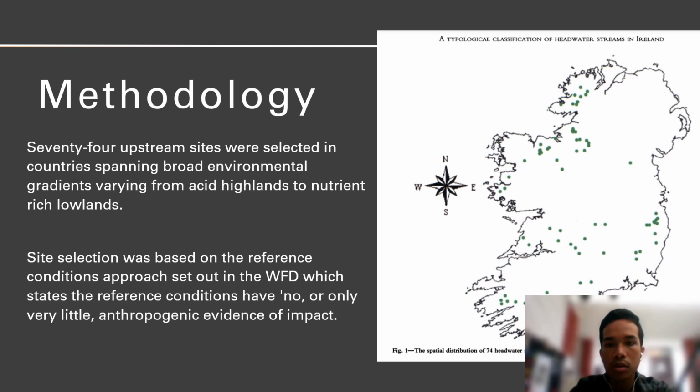CCA was then used to determine the relationship between the macroinvertebrate community and the chemical variables using the community ecology analysis. One-way ANOVA using PRIMER 6 and PERMANOVA was performed to test for significant difference between groups.